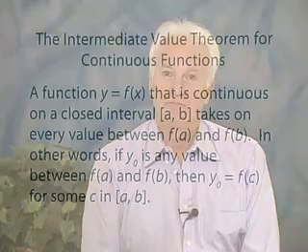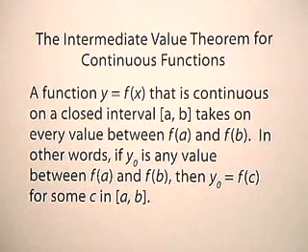You've probably noticed that when you're graphing a continuous function on an interval, you can always draw the graph without lifting your pencil or pen up. This, in fact, has very useful consequences. Let's look. The intermediate value theorem for continuous functions.